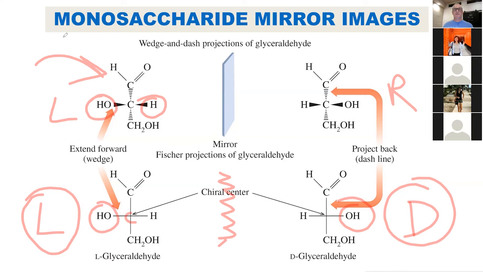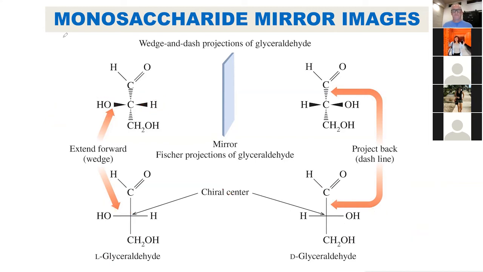Any questions so far? I'm curious, is it because the shape of it looks like an L and the shape of it looks like a D? No, it's because of the rotation of the polarized light when we put them through. One rotates the light to the left, and the other rotates the polarized light to the right. Basically, you send the polarized light in going straight up and down, and the light that comes through that solution is then vibrating in this direction or that direction.